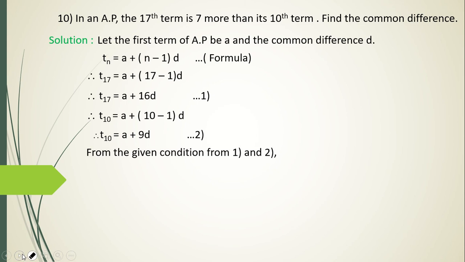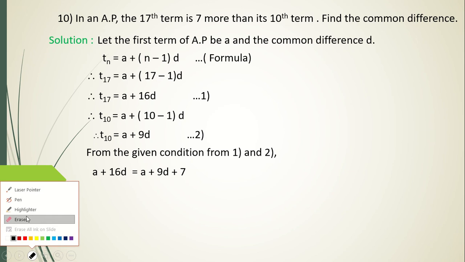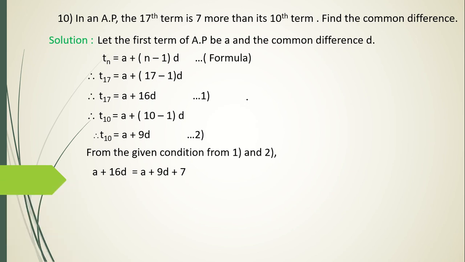See, this is the condition given in the question. If you want, you can add one more step over there. This is done directly, so if you want, you can add this step: T17, the 17th term, is 7 more than the 10th term.